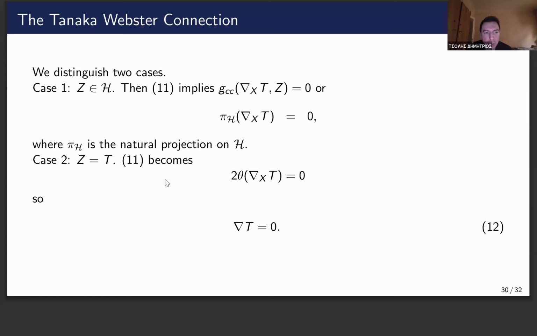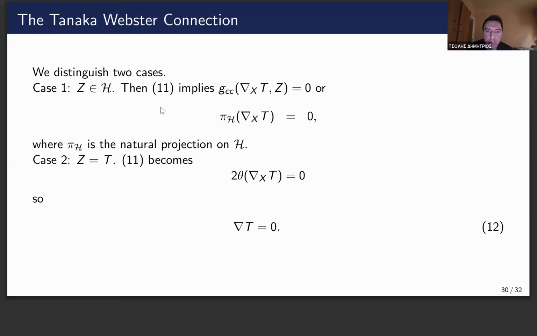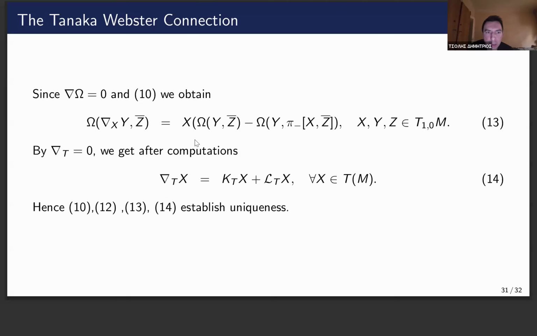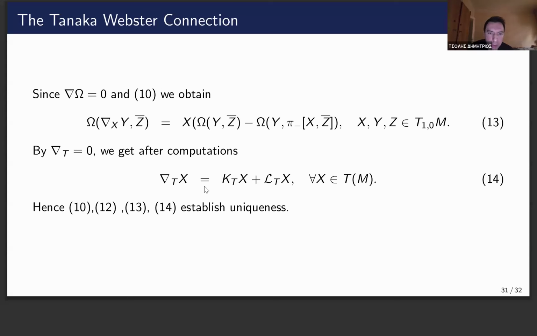And if Z equals T, then we get this. So since the covariant derivative of omega is equal to 0 and the previous relation, we can obtain this thing after the computations, and by this thing, you can obtain this. So eventually, this, and this thing here and this thing give us uniqueness.